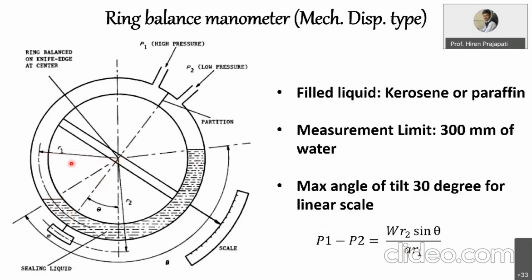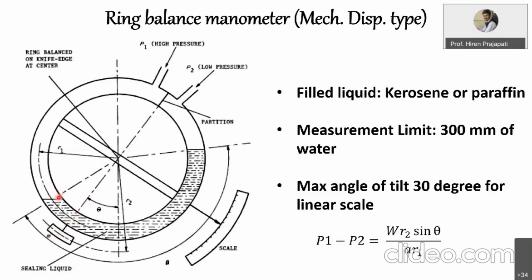So this P1 minus P2 differential pressure into A is the unbalanced force, and that unbalanced force creates some torque by multiplying it with R1, right? And that torque is balanced by the horizontal component of this mass, because this M into G is the downward force.